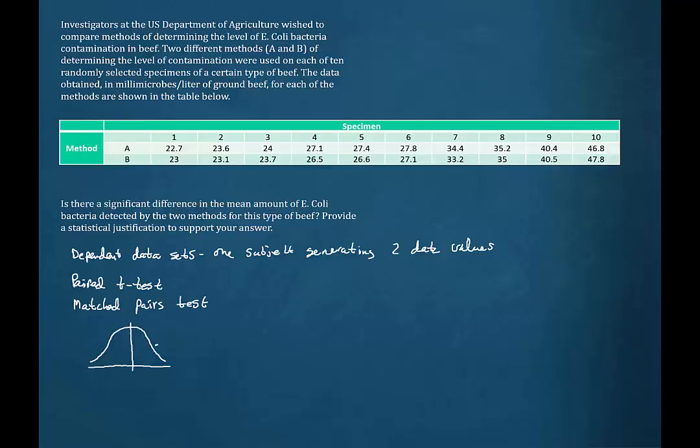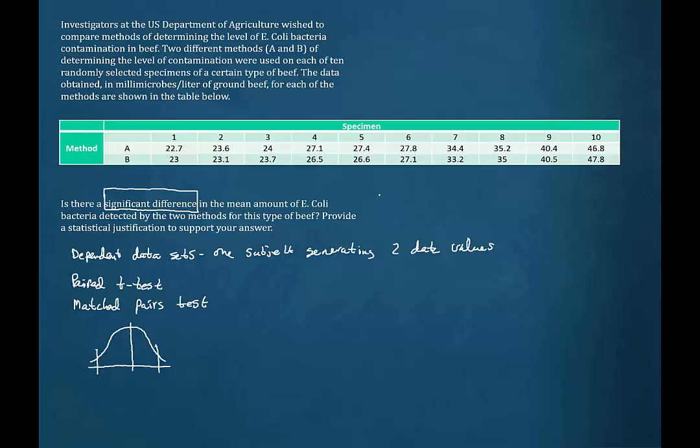And since this is a two-tailed test, and we know that it's a two-tailed test because we're asked, is there a significant difference? We're not asked if one of these particular methods generates a value that is greater than the other. So since that's the case, then we are going to have a two-tailed test.